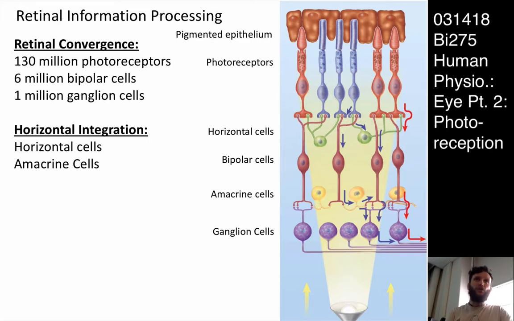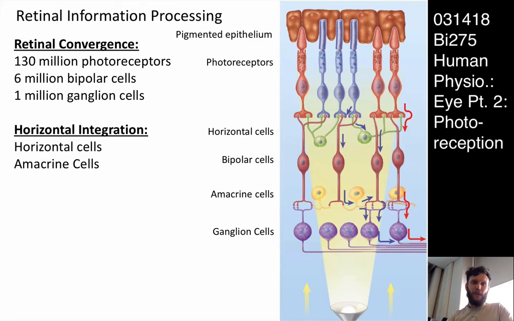There is a huge amount of processing that happens to that signal at every step along the way. There's a lot of visual information processing that happens before the signal ever even leaves the retina. There's a whole lot of visual processing that happens right in the retina.